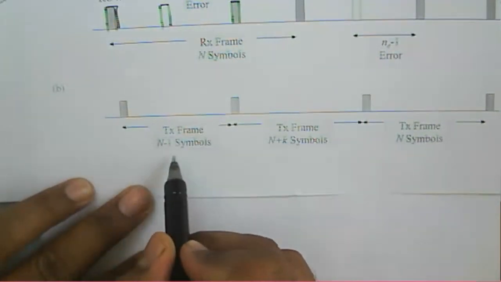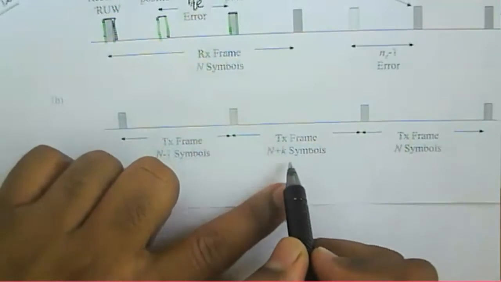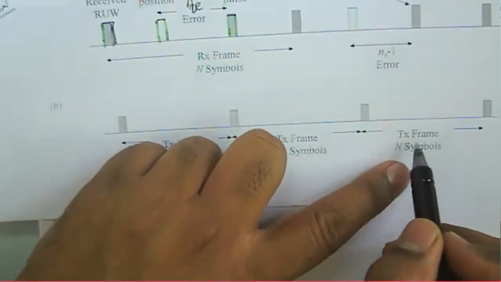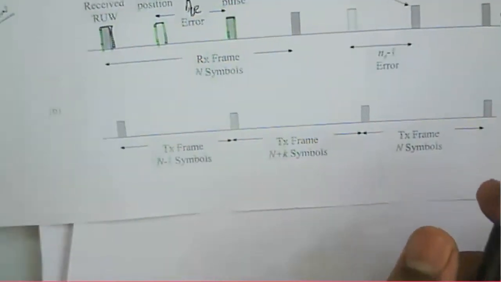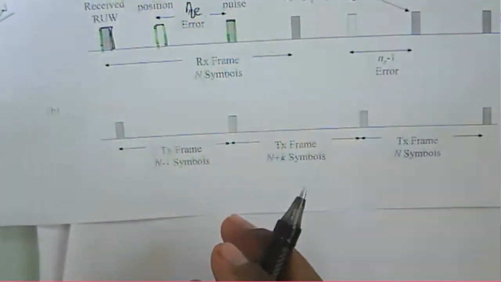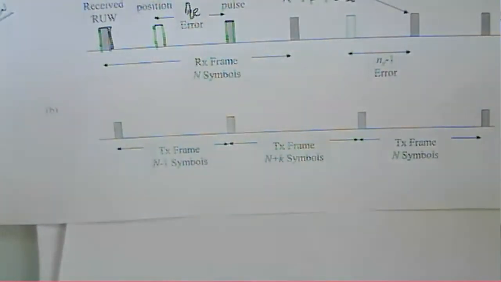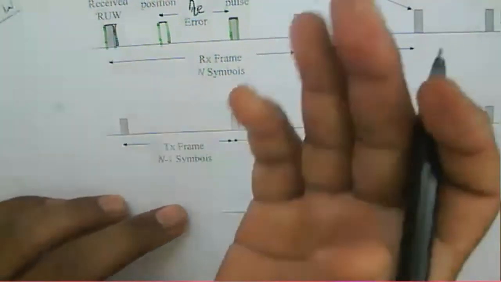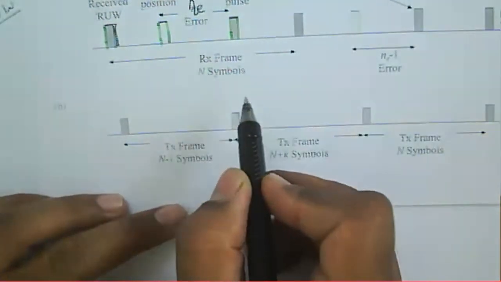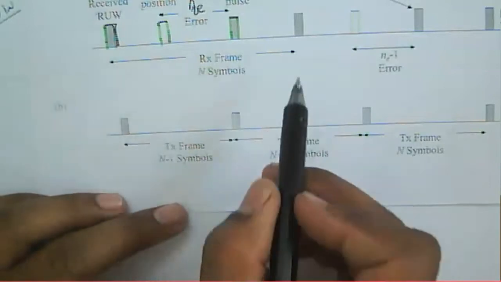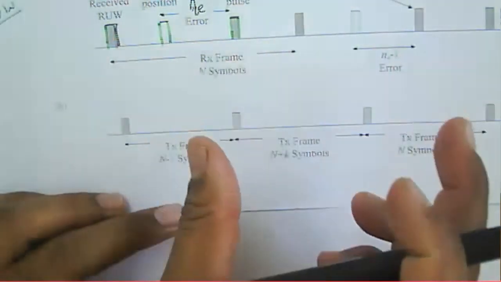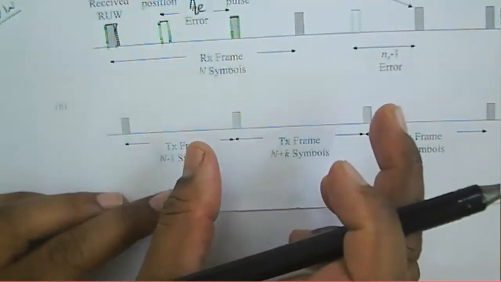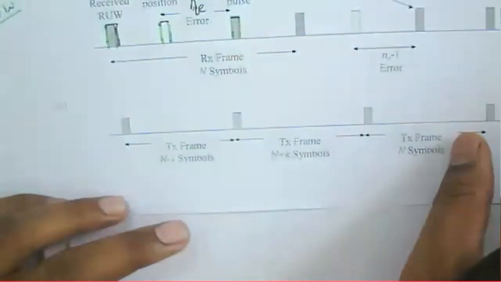So Tx frame n minus 1 symbol, Tx frame n plus k symbol, and another transmit frame of n symbols. The received pulse is observed in the aperture at that particular location in the frame, and the received pulse has a pulse repetition period fixed at the TF period.